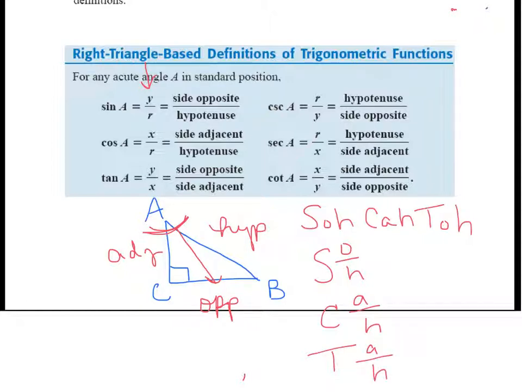And the way I remember it is simply, some old hippie caught another hippie tripping on acid. And by using that, that helps me remember what goes where and how it works. Now, if you can get these three here, if you remember, the other three are simply just flipped. Okay? They're simply just flipped. So don't forget about that.